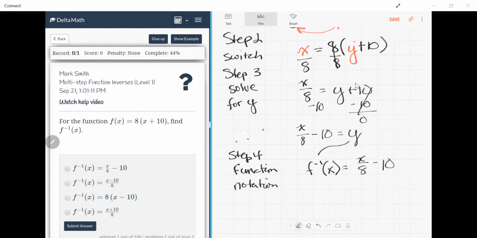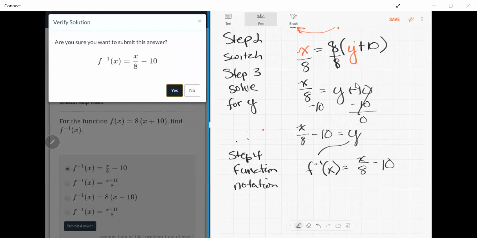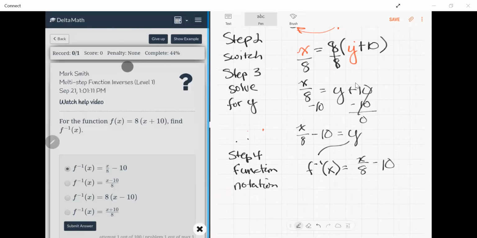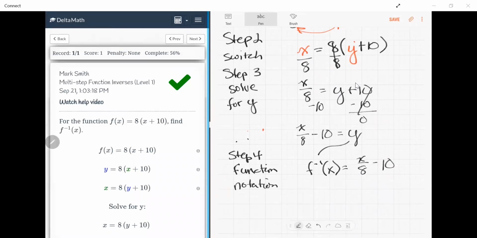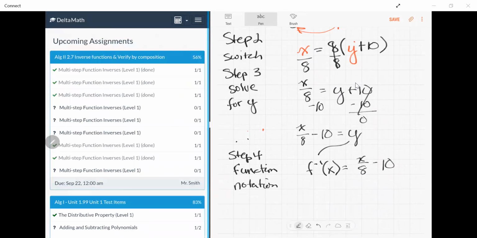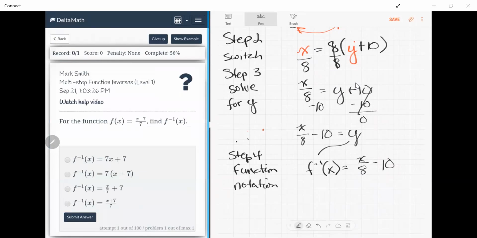Then I'm going to look for that as an answer. Okay, and there it is. The very first one says x over 8 minus 10. So we hit yes and get a green check. All right. So let's look at, I forget which order these are in. All right, let's do this one.